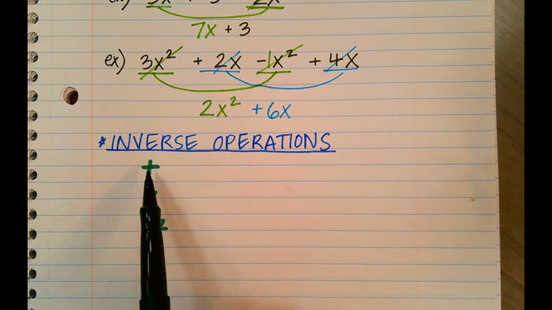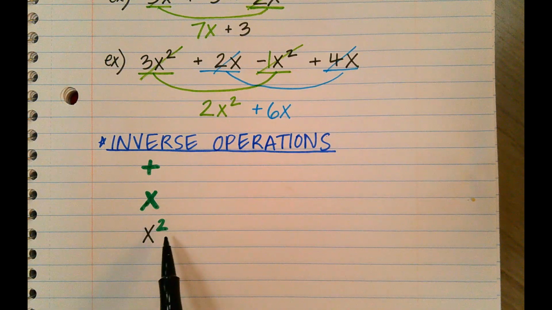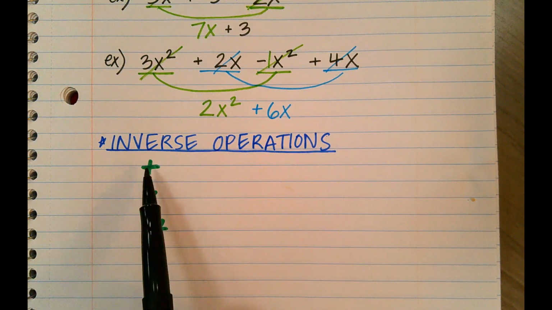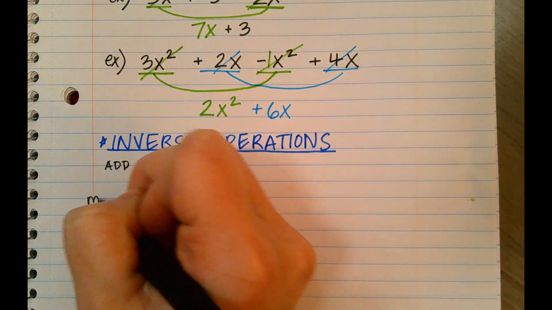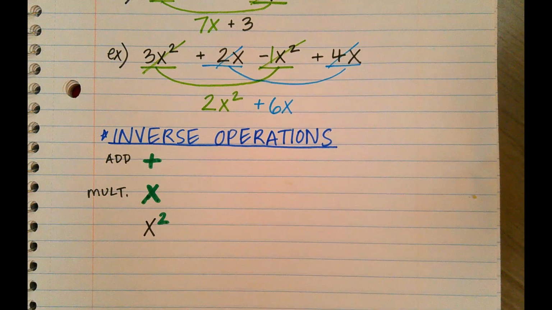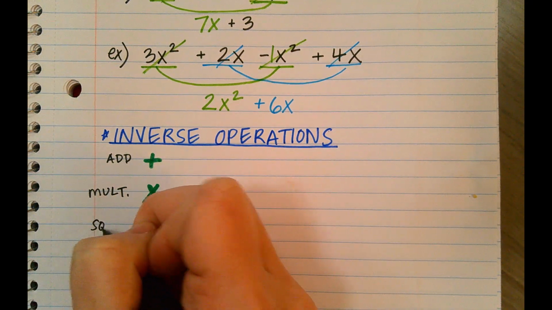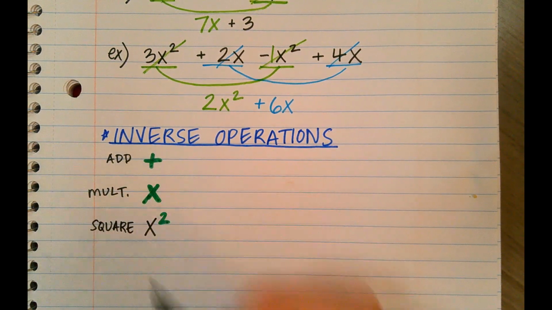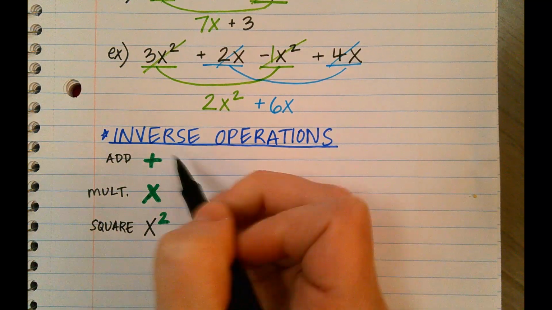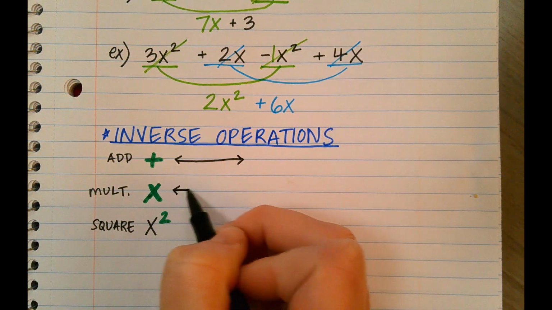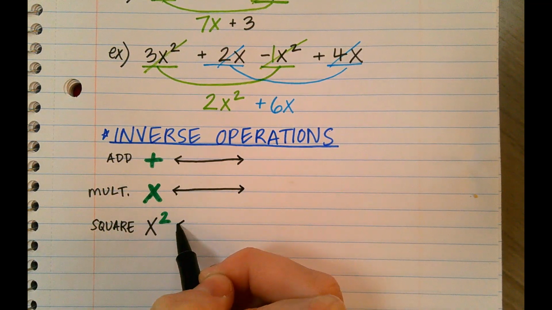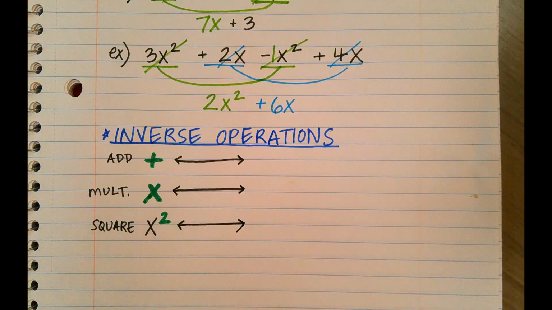So this is adding, multiplying, squaring. And now I'm going to draw some lines for the next row across from each symbol we just drew.